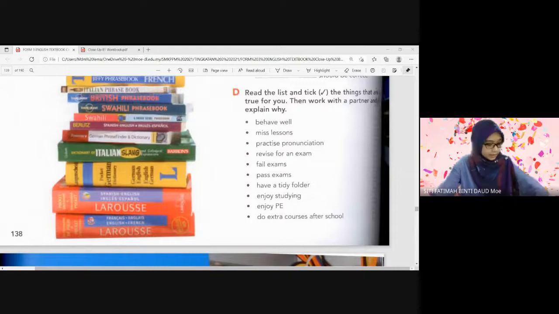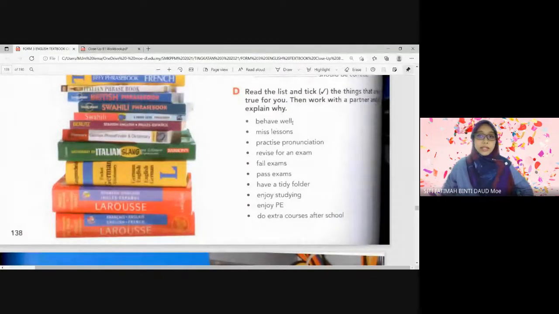Write sentences about yourself, tentang diri kamu, using these phrases. So you must use these phrases here. Behave well, berkelakuan baik. Miss lessons. Is there any lessons that you have missed before, yang kamu terlepas? And then you can write the reason why.